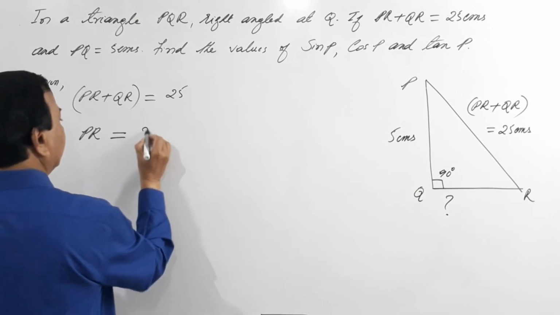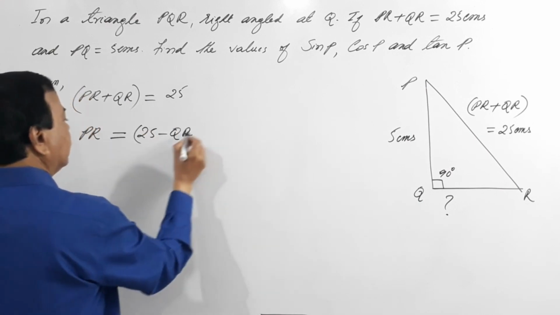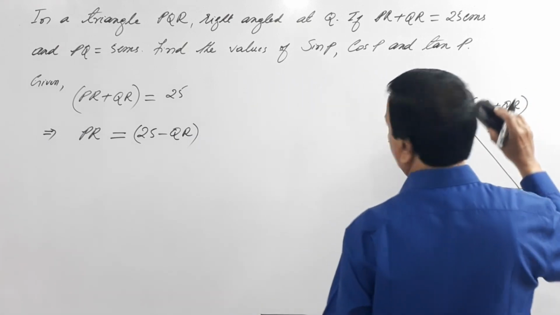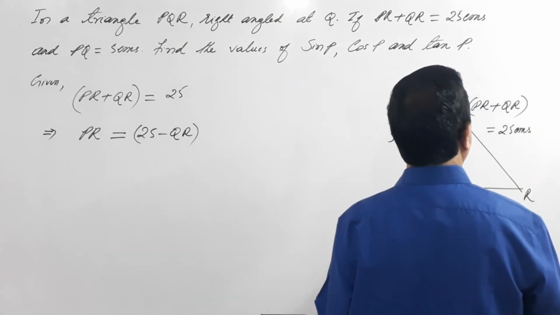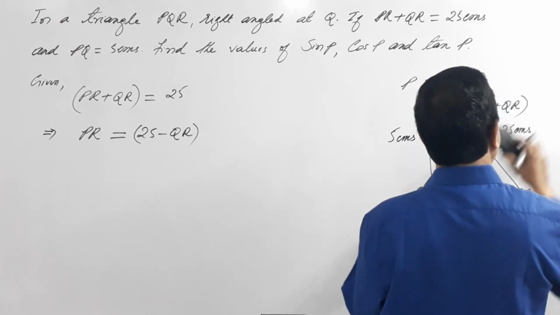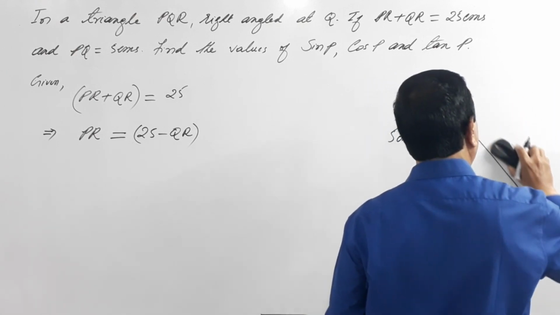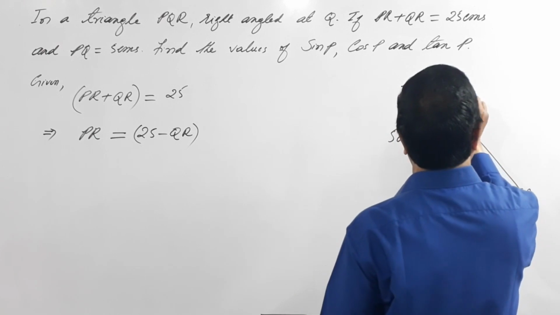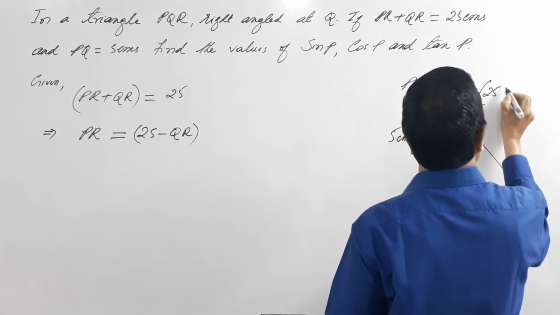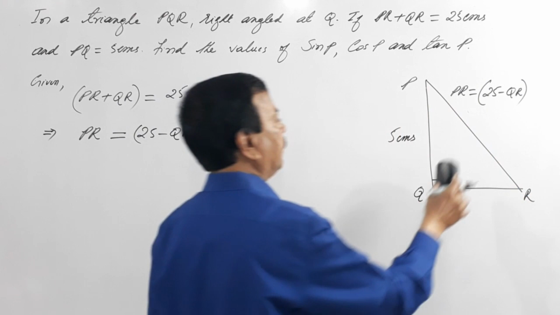This becomes 25 minus QR. So PR will be left. Therefore, I'll rub this and write this as PR equals 25 minus QR. So this is our PR.